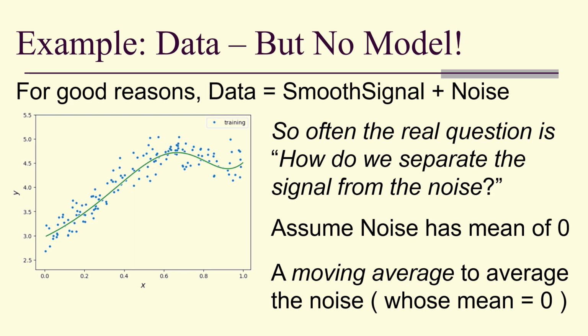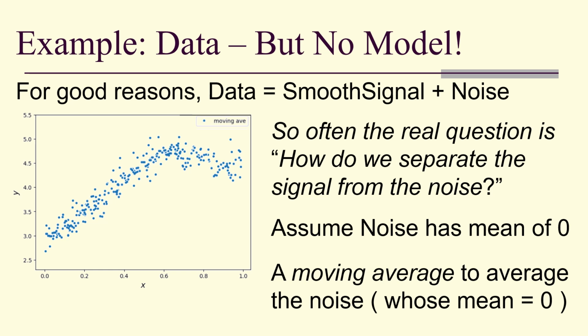So if you take a moving average, then as you pass over the data, you're averaging over the noises, and those averages are going to be 0. So here we've averaged, and notice now the noise is closer to 0 because these are averages of noises over this moving average window.